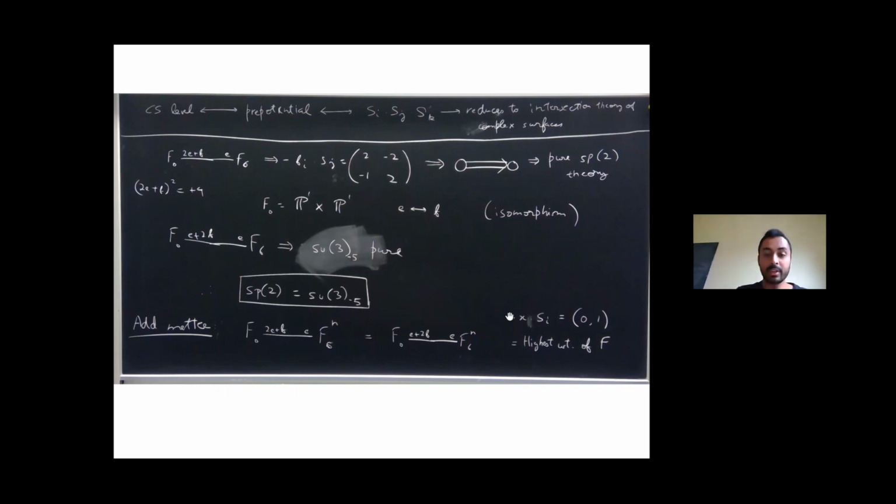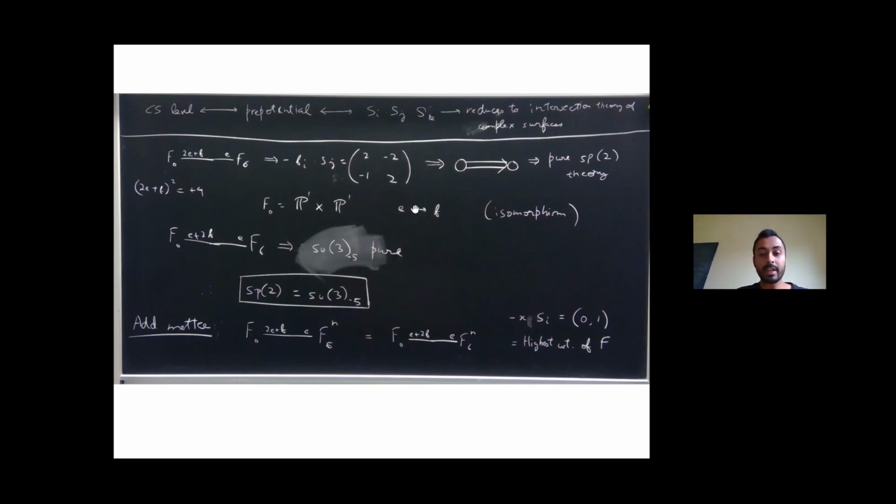For that, you compute the intersection of the blow-up with the surfaces, and you find Dynkin coefficients for the highest weight of the fundamental of sp2. So adding one blow-up adds one fundamental of sp2 into your 5D theory, and adding n blow-ups adds n fundamentals. So this geometry describes sp2 gauge theory with n fundamentals.